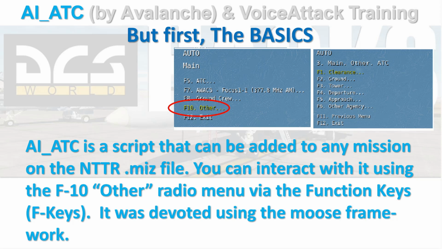Once you hit F10, it'll give you all the stations and all the functions that are capable using the function keys. Okay, so it's a function key driven AI, if you will, and it gives you essentially pseudo close to real world air traffic control radio calls and instructions and directions and things like that.